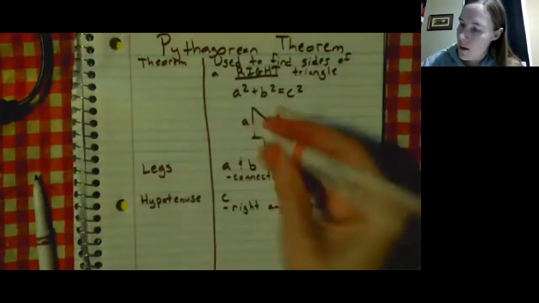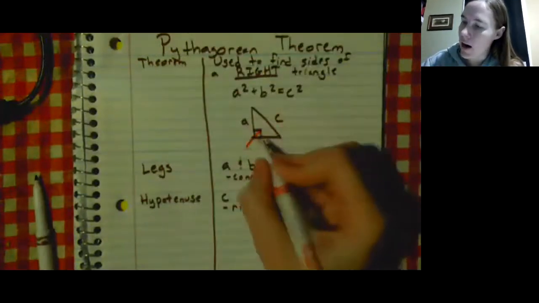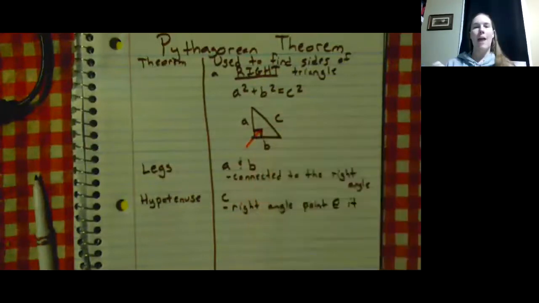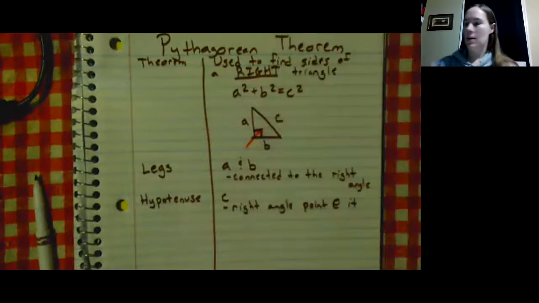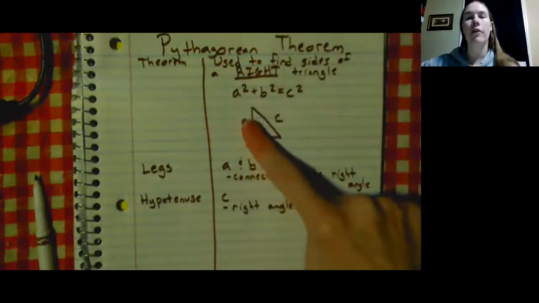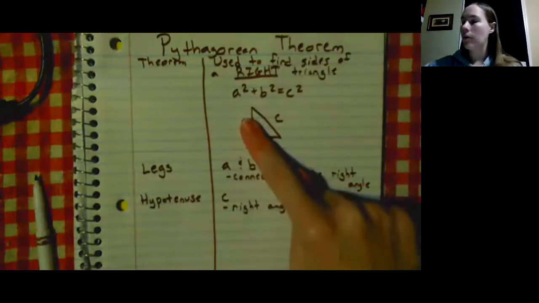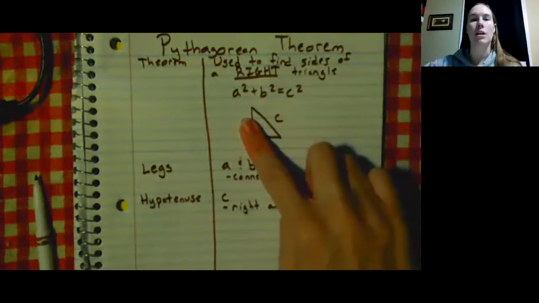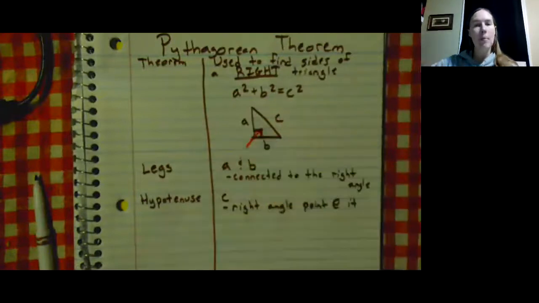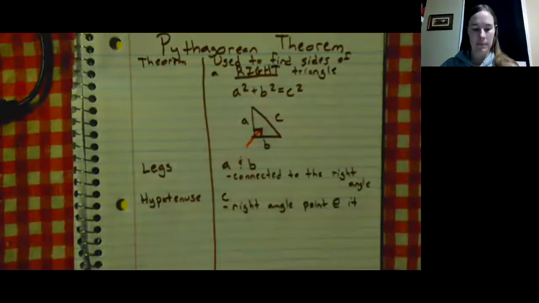So if I make the right angle an arrow, it's pointing at my hypotenuse. So it's pointing at my C value. I can also go like this and cover up my right angle, and whatever I'm not touching is my C value. So there's a couple ways to find your C value.